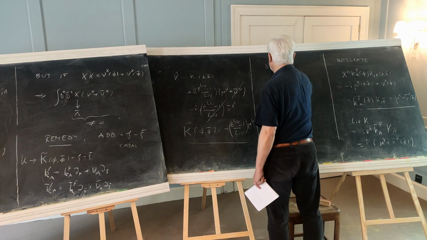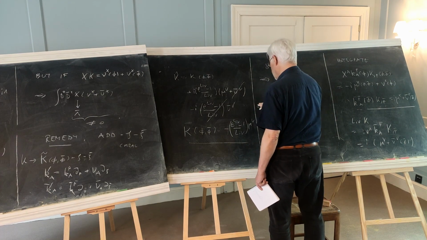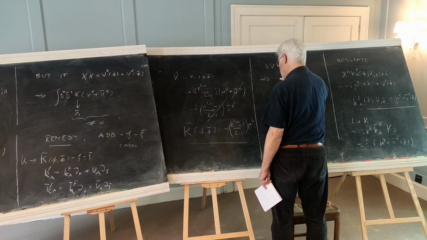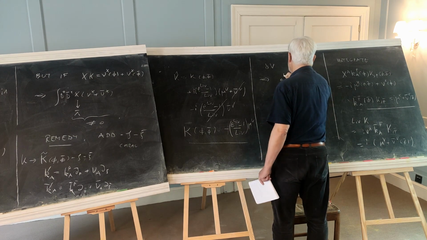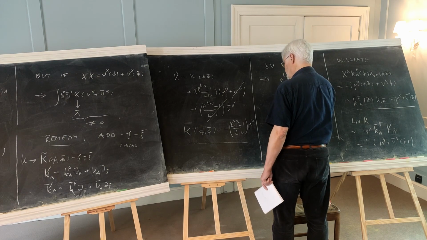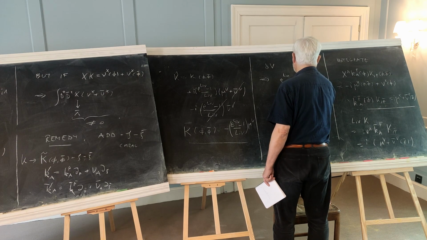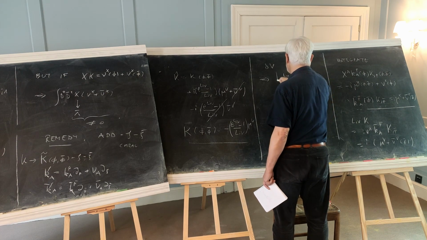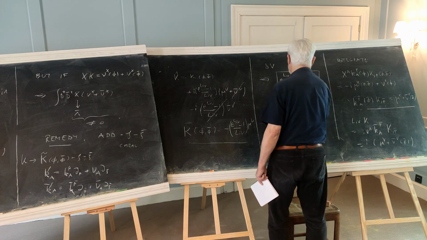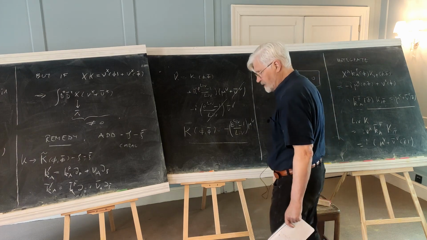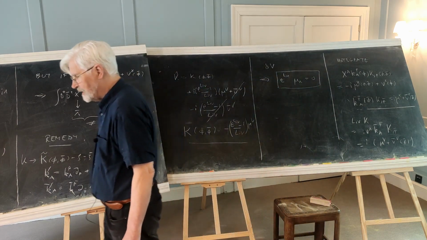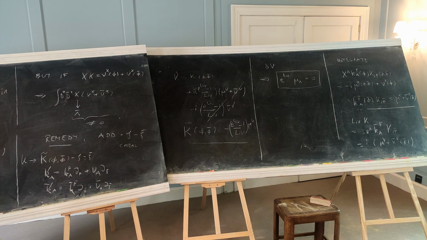So delta V implies that e to the L_{iV} mu a is 0. And first of all, it's not easy to see that that is what you get from the variation, but it is.